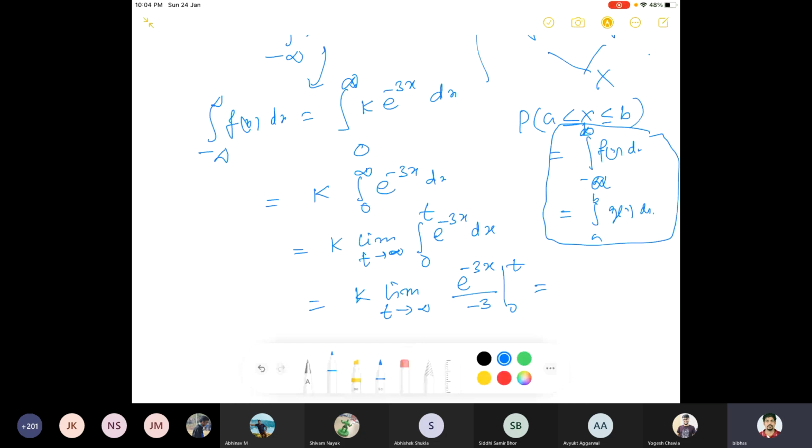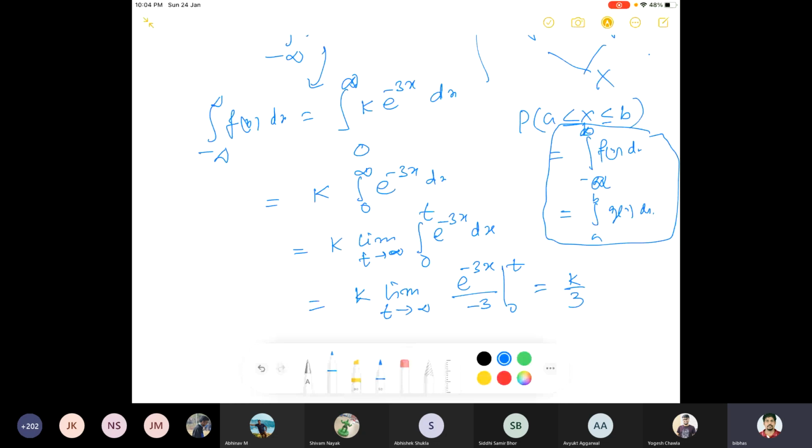So this is K by 3. So t goes to infinity, then it will go to 0, and minus 0, so it will be minus here. So it is K by 3. Now this has to be equal to 1.